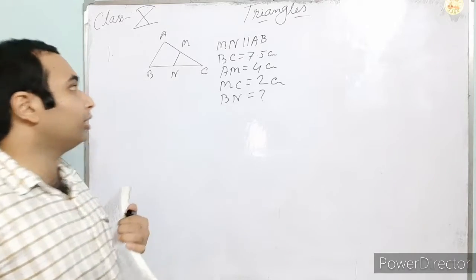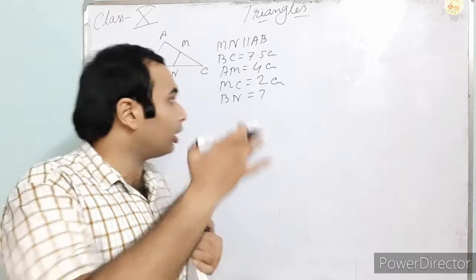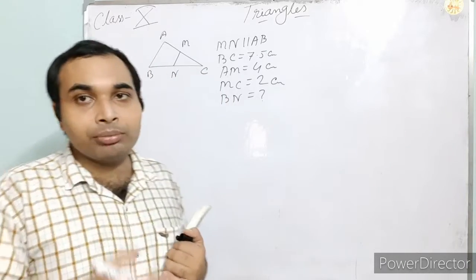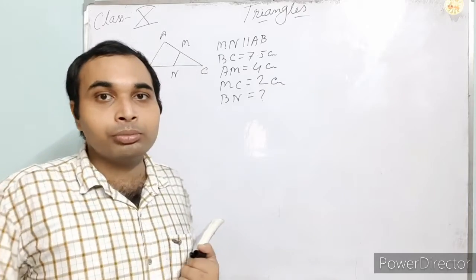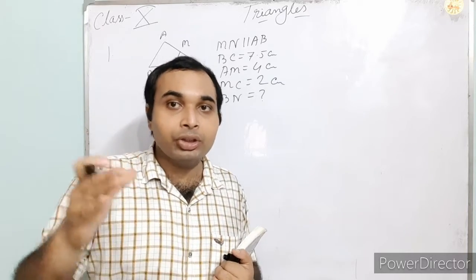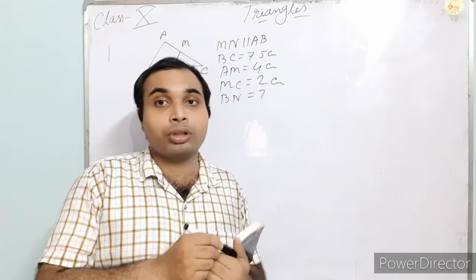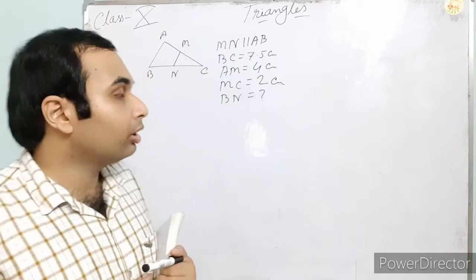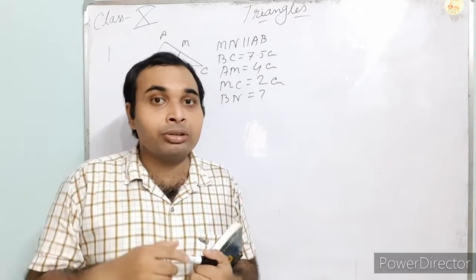Actually, here I have told that I am doing the Thales theorem, that's why you know the Thales theorem will be used. But at your exam, it will not be mentioned to apply the Thales theorem to solve this problem. How will you think that the Thales theorem will be applied?